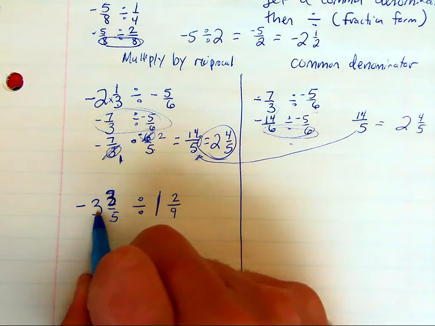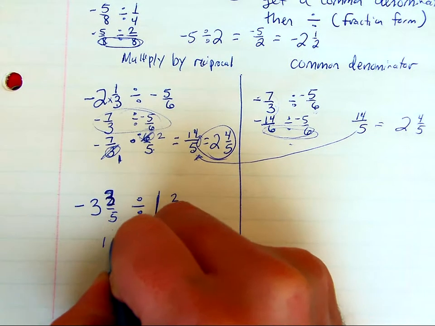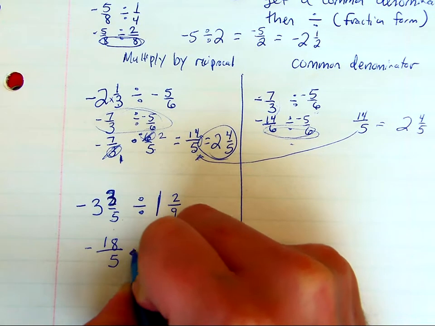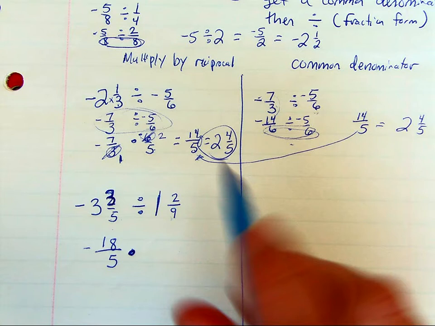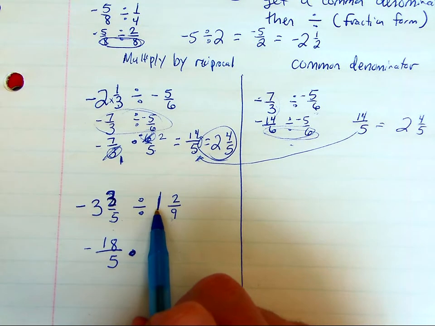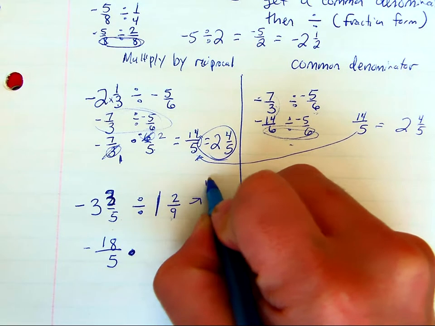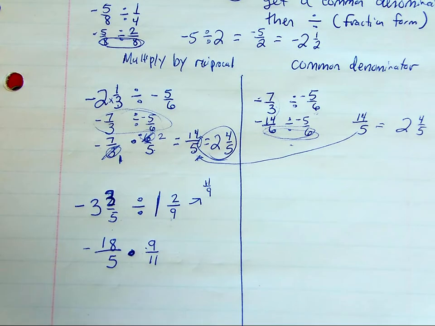So 5 times 3 is 15. That's 18. Negative 18/5 times, we're going to flip this. Okay, I'm going to do 2 steps in one. 9 times 1 is 9, plus 2 is 11. So this would be 11/9. So we're going to multiply it by 9/11.